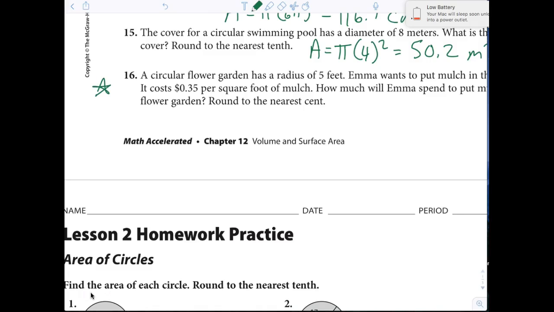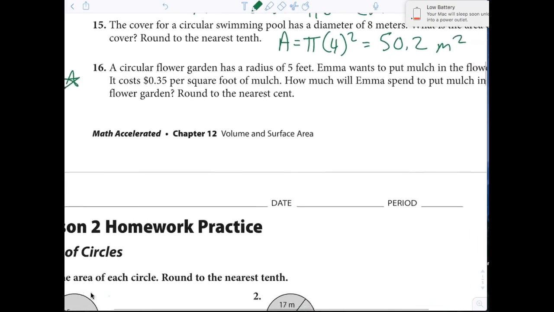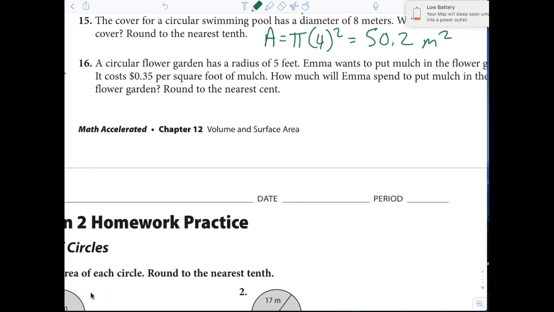Tell me how big her flower bed is. Right. So what's the formula? What's R? So do that on the calculator, please, and tell me how many square feet that is.